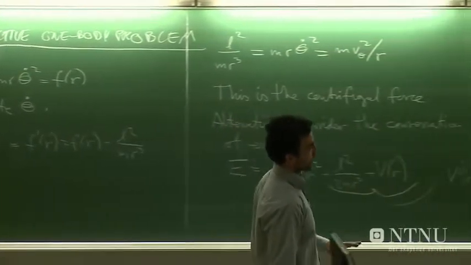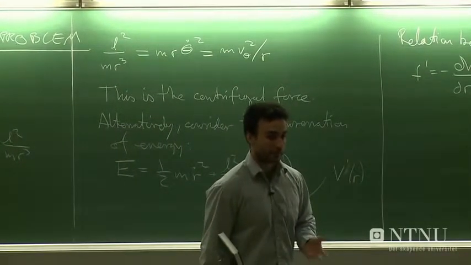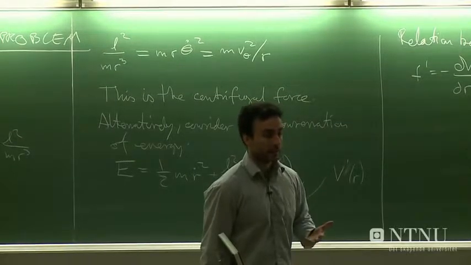So what we'll do is we'll have a look at a specific example for V of r and see what kind of motion we can obtain.